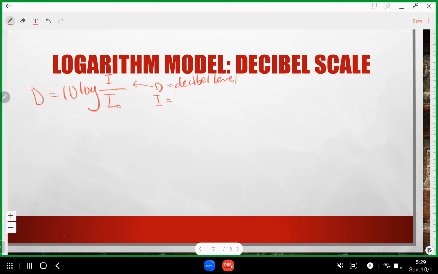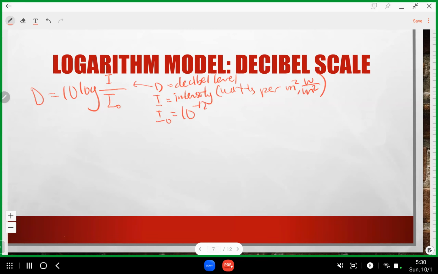I is the intensity, in watts per square meter, so this is watts over meter squared, right? And then you will have I0, which is 10 to the negative 12th, right?